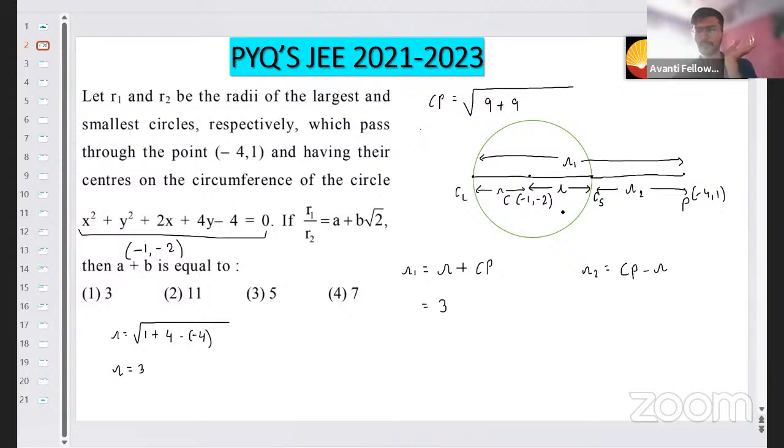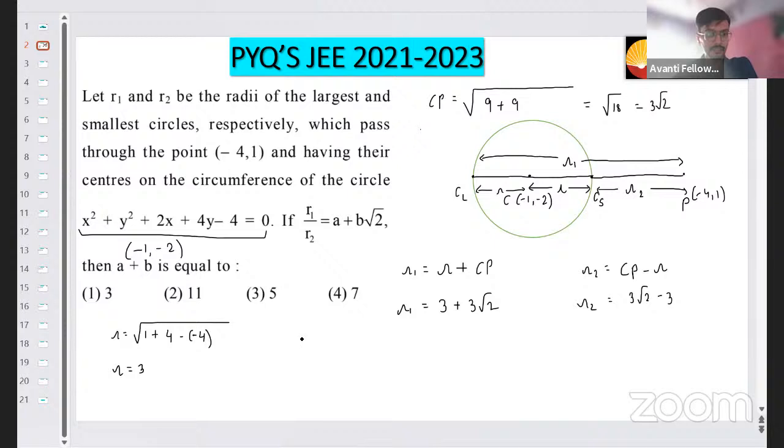I guess I am correct. So this will be root 18, and root 18 can be written as 3 root 2. So R1 is 3 plus 3 root 2 and R2 will be equal to 3 root 2 minus 3.